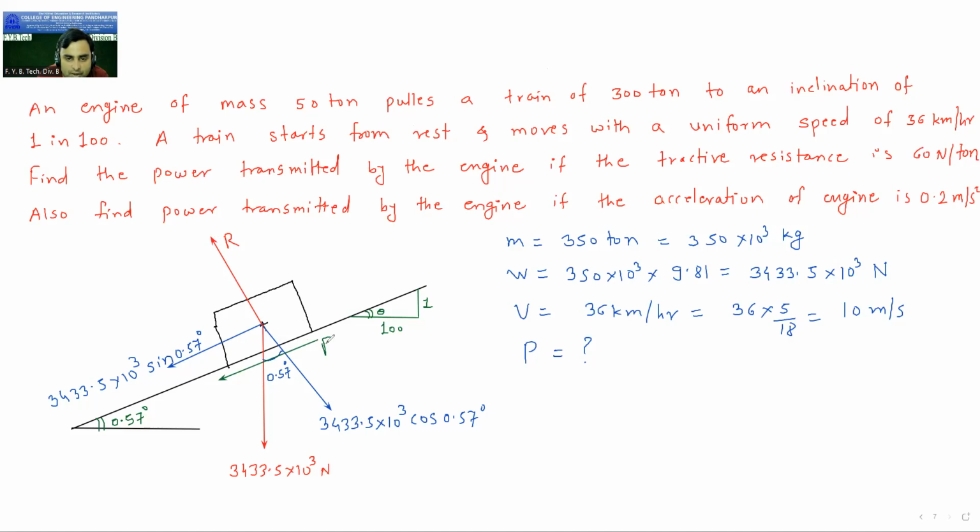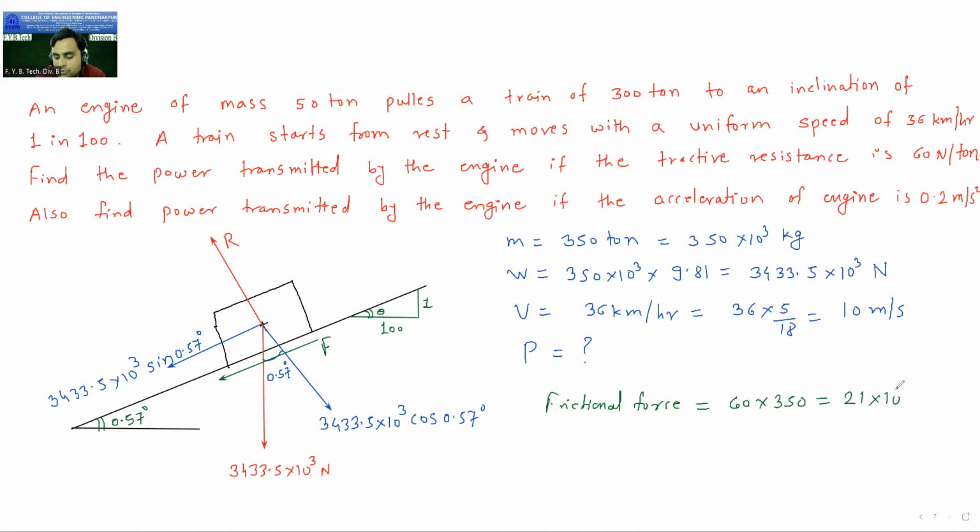This frictional force is F. Okay, F is the frictional force. What is the frictional force? Tractive resistance is given 60 Newton per ton. एका टन साठी किती आहे 60 न्यूटन. मग आपलं वेट किती आहे टोटल 350 टन. सो कॅल्क्युलेट द फ्रिक्शनल फोर्स. So the frictional force is equal to, it will be 60 into 350, correct? What is the answer?